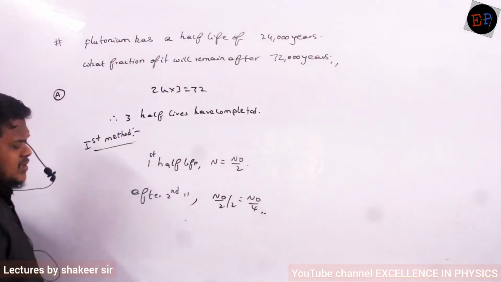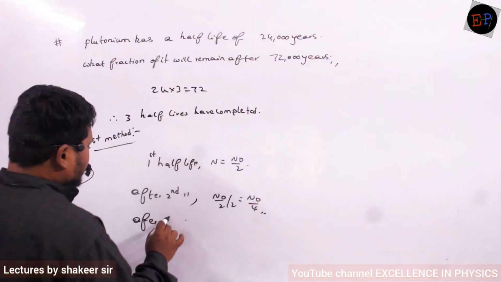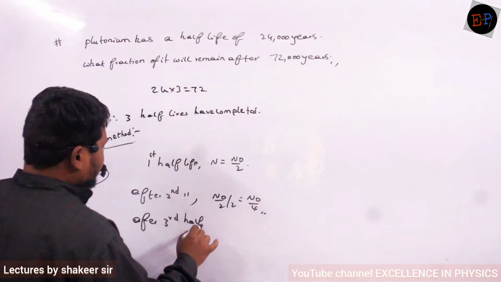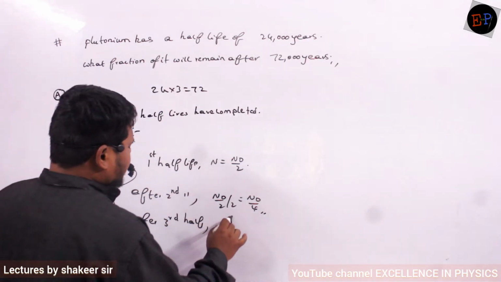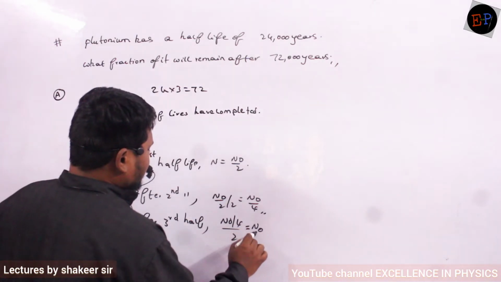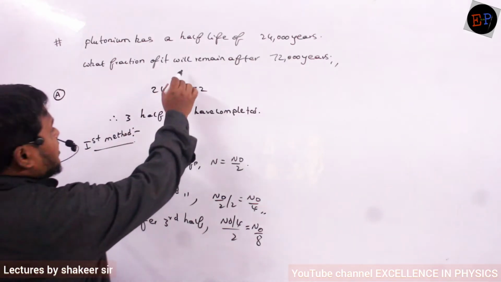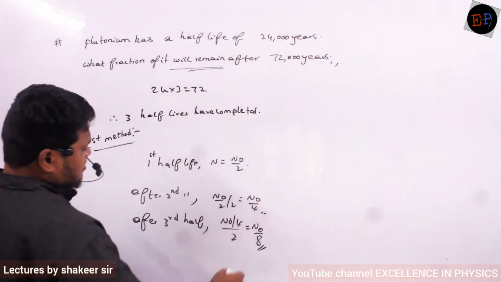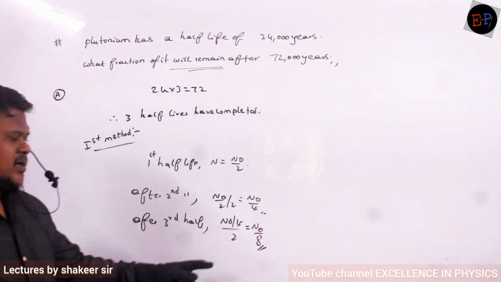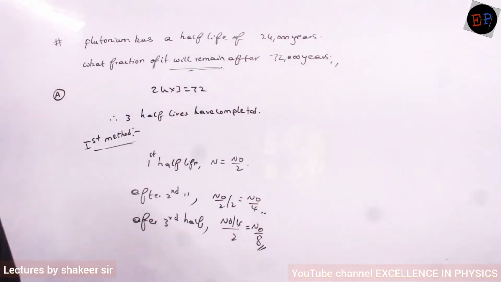These many atoms will be ready for disintegration. And after the third half-life, n naught by 4 divided by again 2. So total, n naught by 8 atoms are ready for disintegration. And will remain. It means this only he is asking. That is my answer. N naught divided by 8.